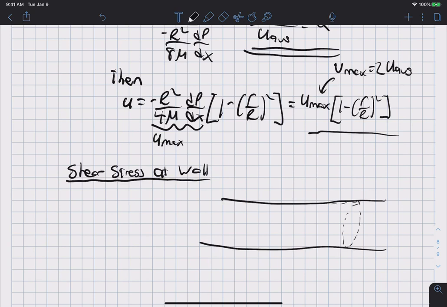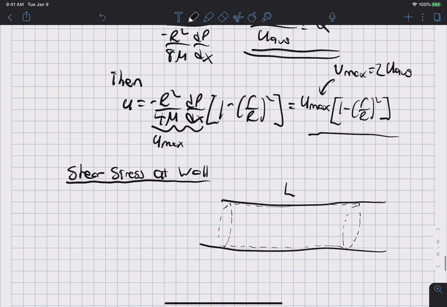And I'm considering a free body diagram that looks like this, and the entire control volume is in the tube, and the length here is L, and this here is P at x. This here we'll just call P2.